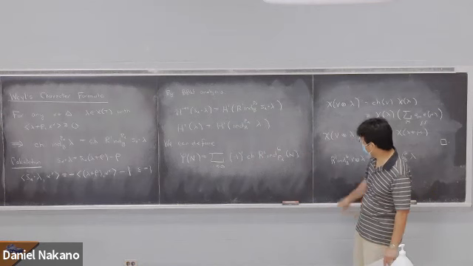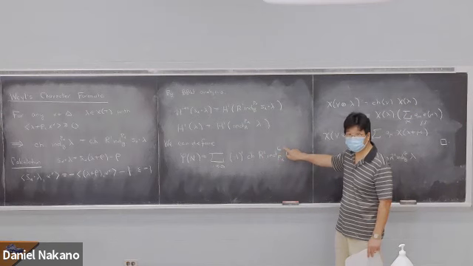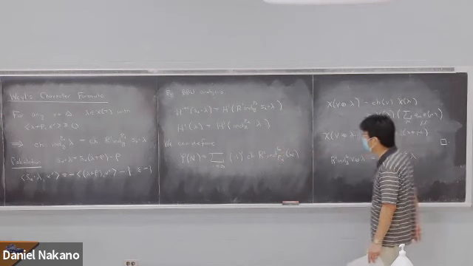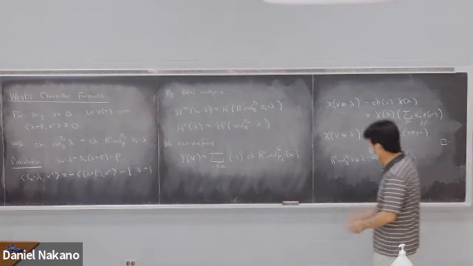The difference is that I'm not inducing from B to G anymore, I'm inducing from the parabolic. So it's kind of a modified version of chi.